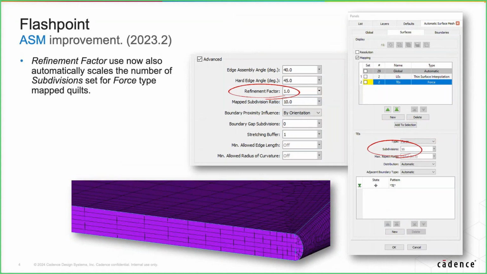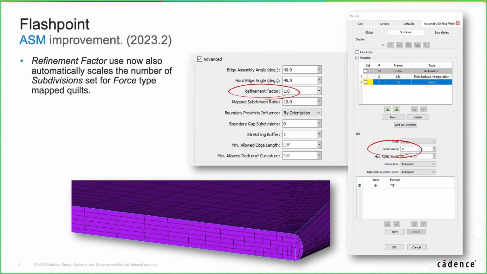So for automatic surface mesh, we realized we had a deficiency in generating meshes using a tool in automatic surface mesh called refinement factor. This became obvious to us in the last year or so. We've been participating in some workshops, a high lift workshop and drag prediction and so on.